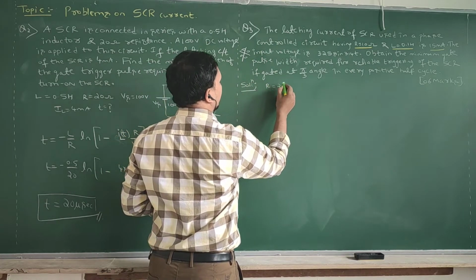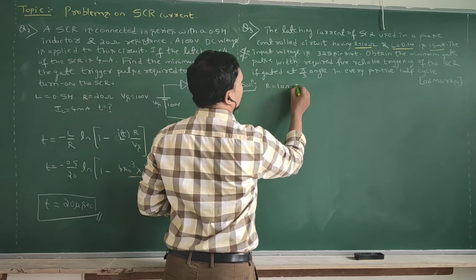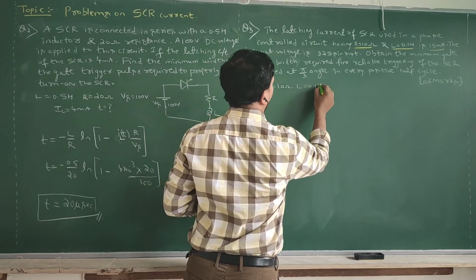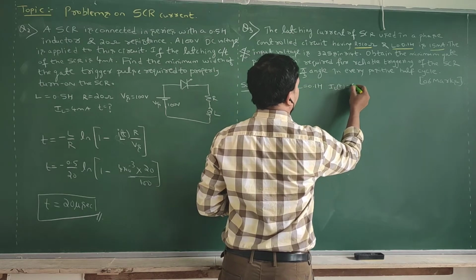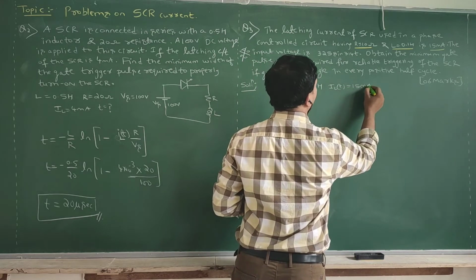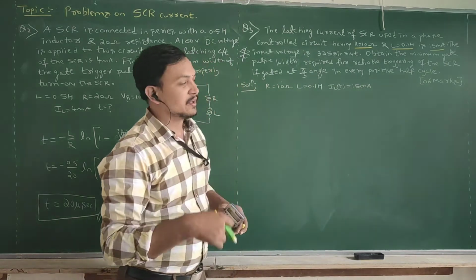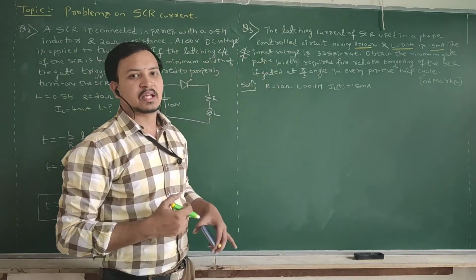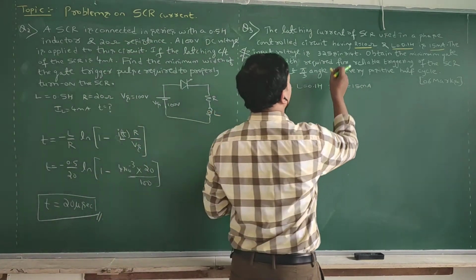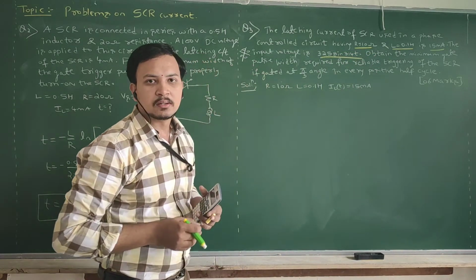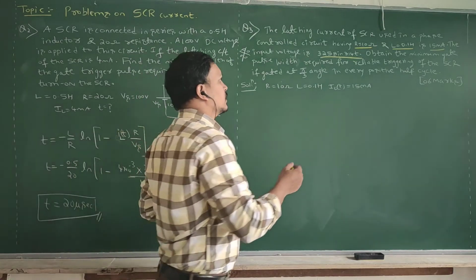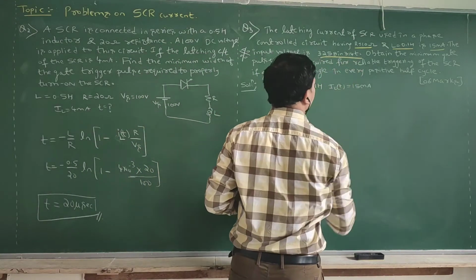R is 10 ohms and L is 0.1 Henry and the latching current IL of t is 50 milliampere. And now in this problem they have given the input voltage in AC. Okay, 325 sine 314 t.